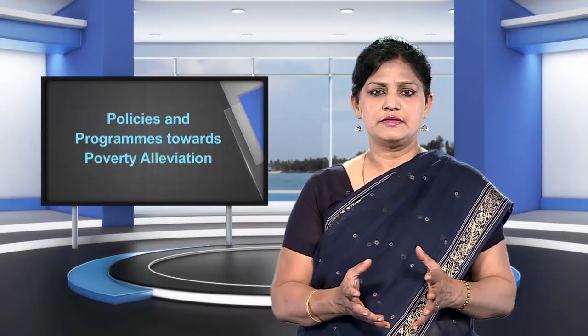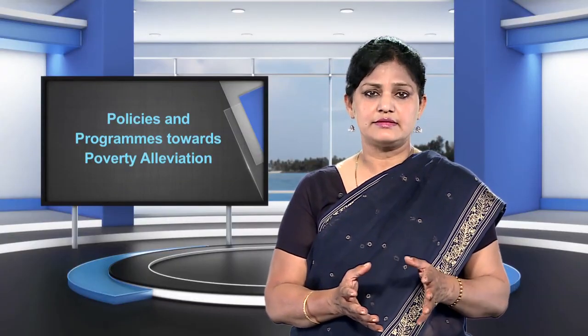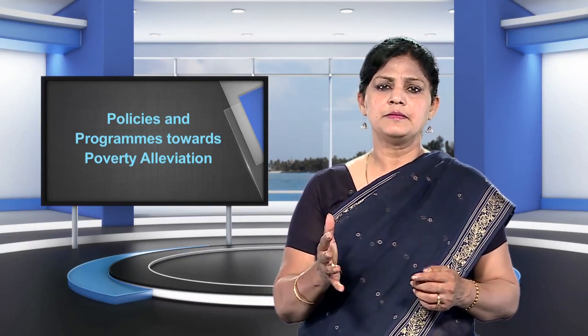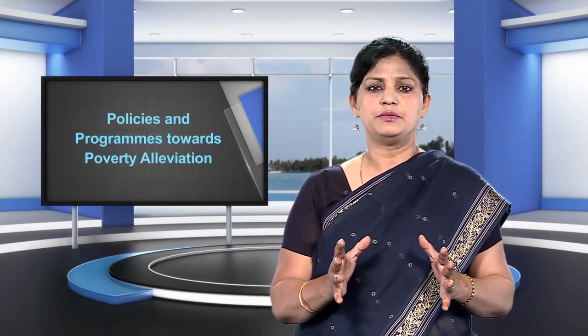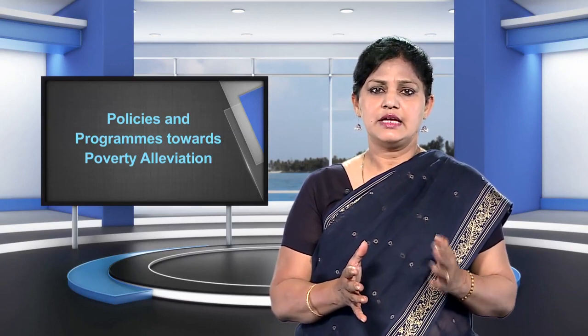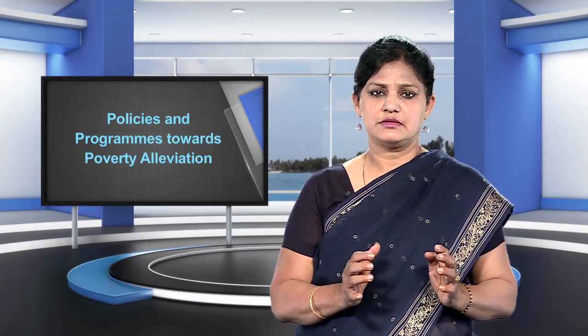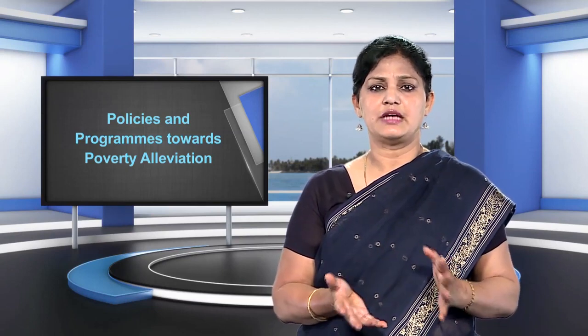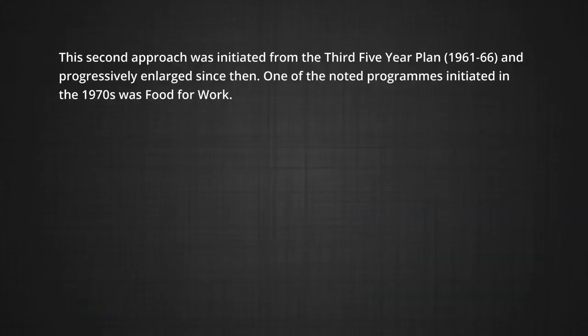Looking for alternatives to specifically address the poor, policymakers felt that incomes and employment for the poor could be raised through the creation of additional assets and by means of work generation. This could be achieved through specific poverty alleviation programs. Now, let us see the second approach.